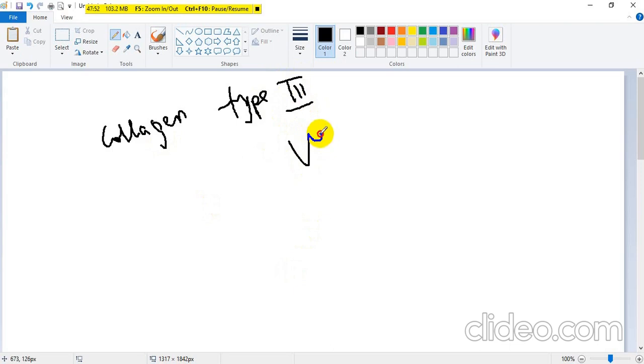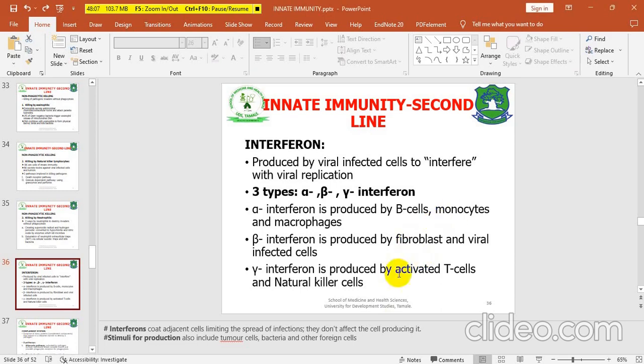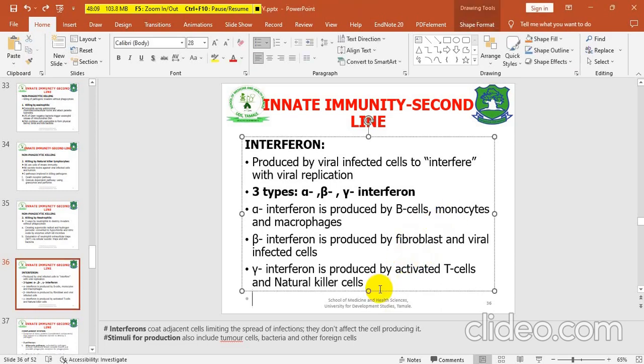It mediates healing when you have a sore. Whenever you see fibroblasts, they are talking about wound healing. That's what causes wounds to heal.